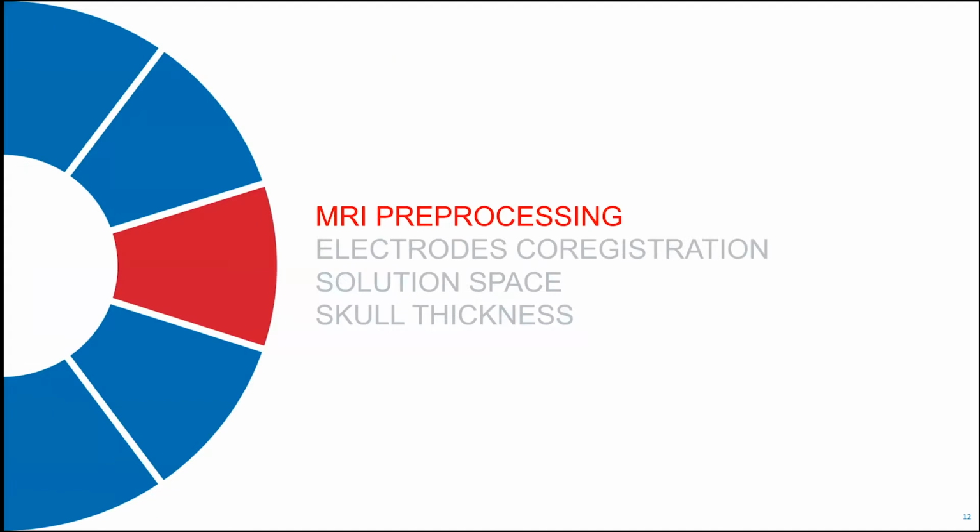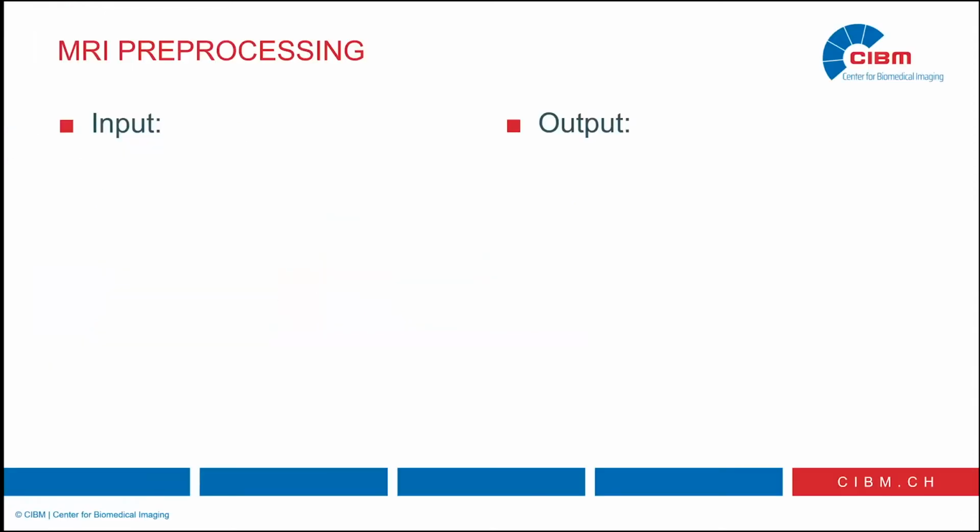So MRI, again, I'm not talking about general MRI preprocessing. I'm just focusing on what we need for the inverse solution in our specific case of subjects preprocessing. What we've got as input day-to-day, Cartool users have some input.